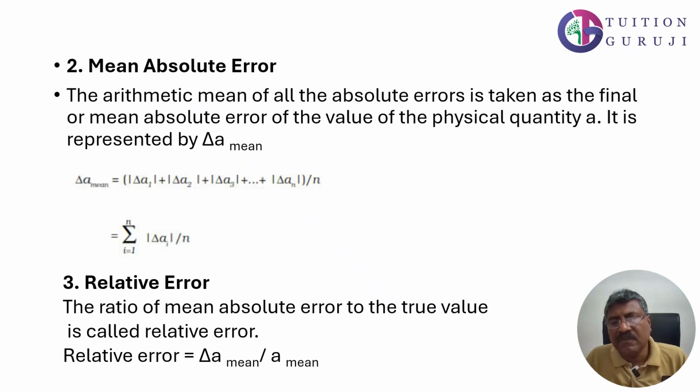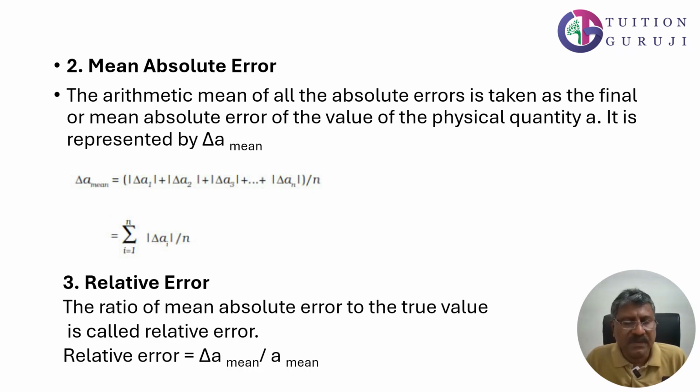The arithmetic mean of all the absolute errors is taken as the final or mean absolute error of the value of the physical quantity A. It is represented by delta A mean. So if A1, A2, A3 up to AN are the measured values, then delta A1 is equal to modulus of A1 minus A mean.